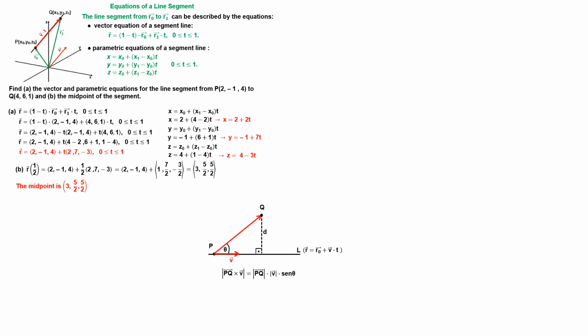But referring to the triangle, we see that the distance between the point Q and the line L equals the sine of theta times the absolute value of vector PQ. Hence, the sine of theta is the distance d divided by the absolute value of vector PQ. We can rewrite the equation replacing the sine of theta with d divided by the absolute value of vector PQ.